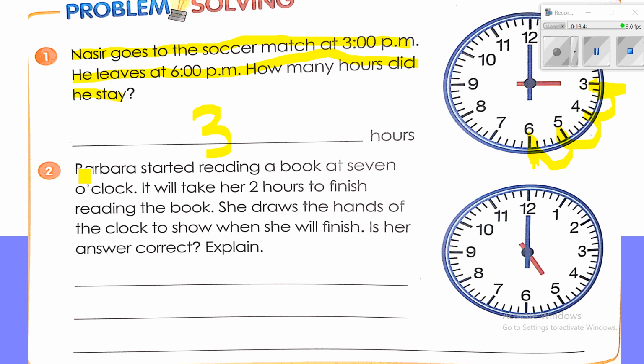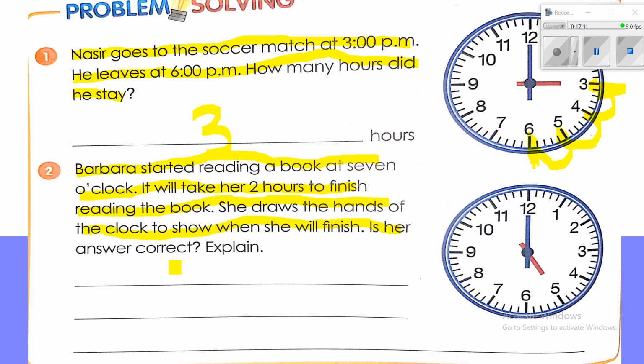Number 2. Barbara started reading a book at 7 o'clock. It will take her 2 hours to finish reading the book. She drew the hands of the clock to show when she would finish.